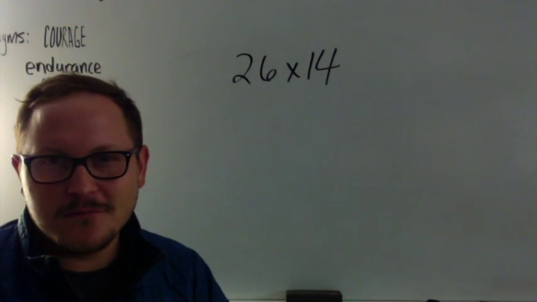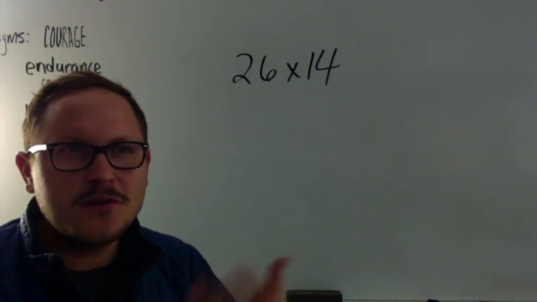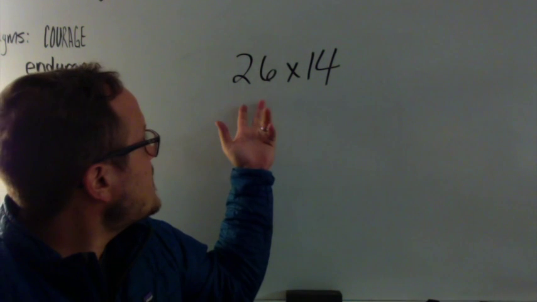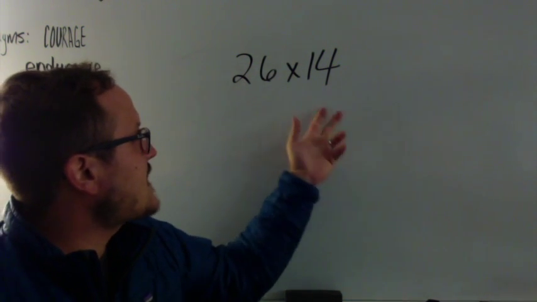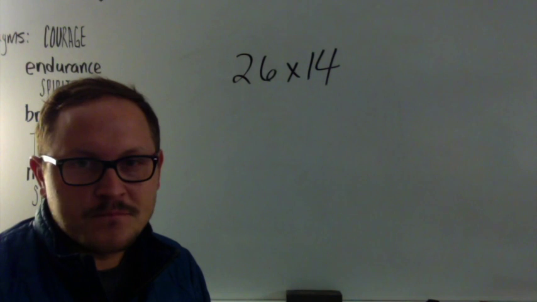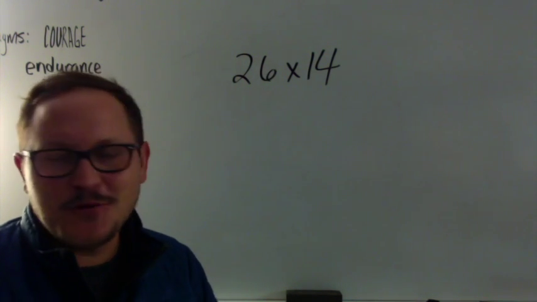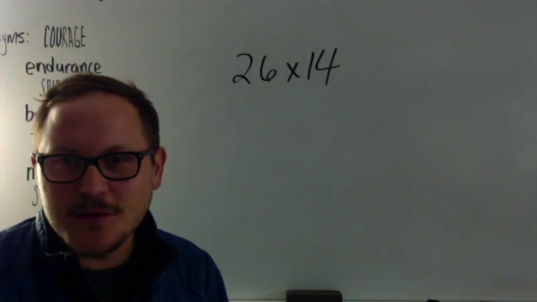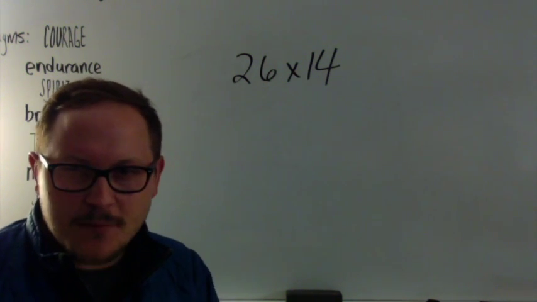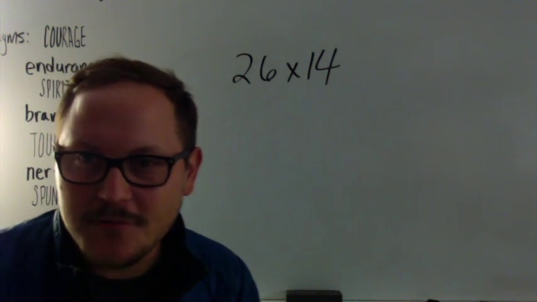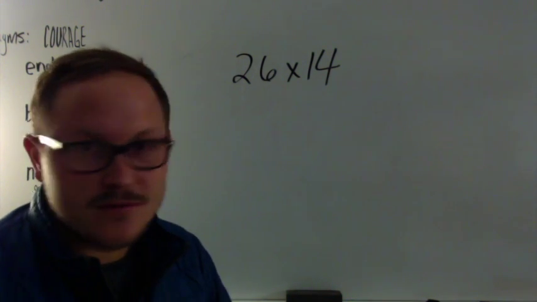And the good thing about the double half strategy is that we can double 26 and half 14, and watch what happens. It's cool when kids take the liberty of working with the numbers and manipulating them in a way that makes them feel more confident and at least able to solve it.